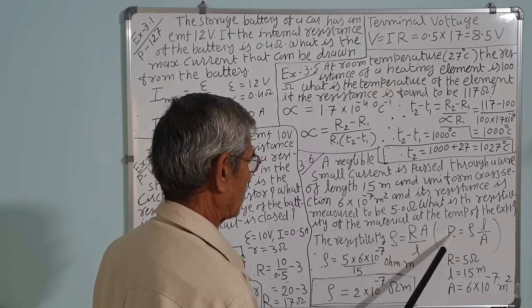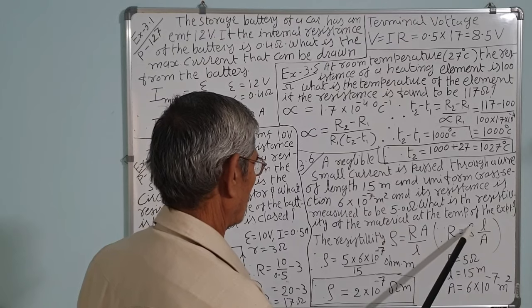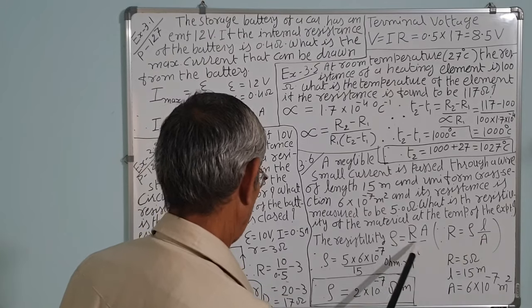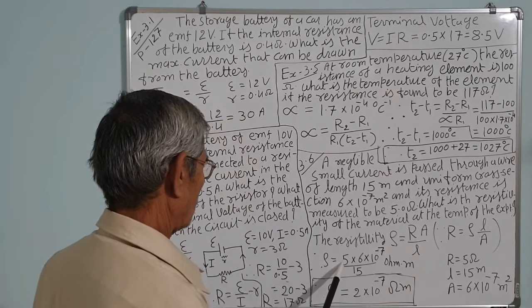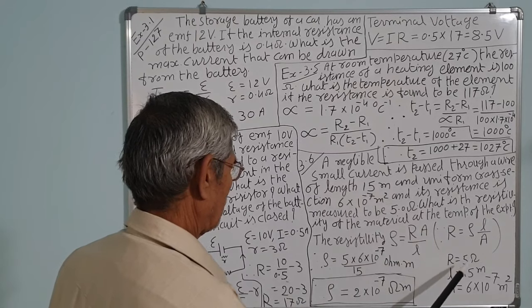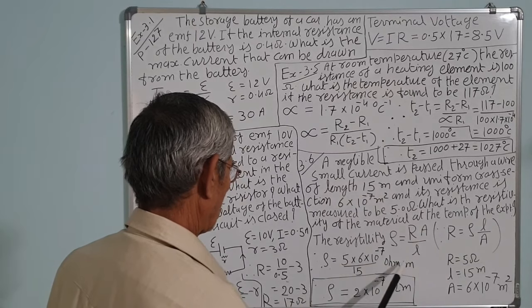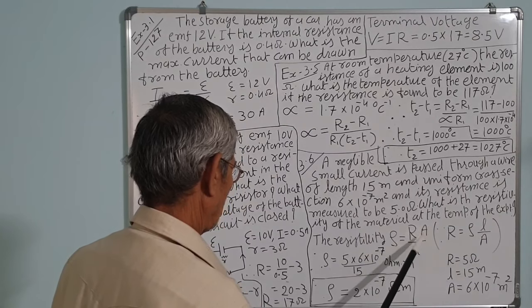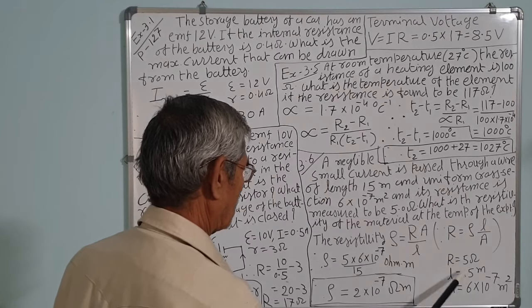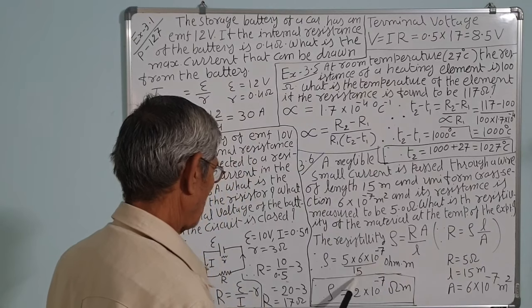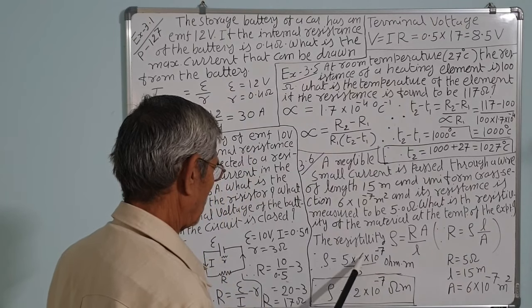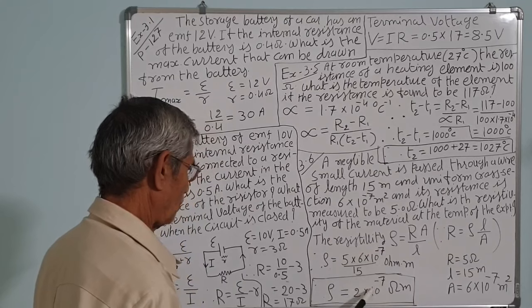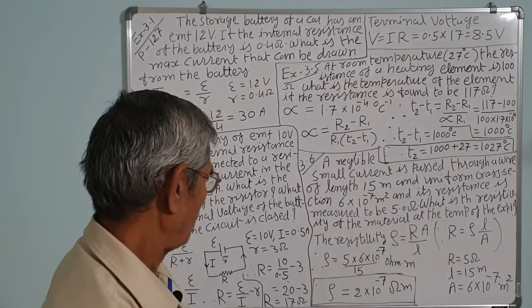We know that resistance R is equal to rho into L upon A. So, rho is equal to R into A upon L. So, R is 5 ohm, correct? Area is 6 into 10 raised to minus 7 and length 15. Introduce this, the 5, this 3, this 2, the answer is 2 into 10 raised to minus 7 ohm meter.